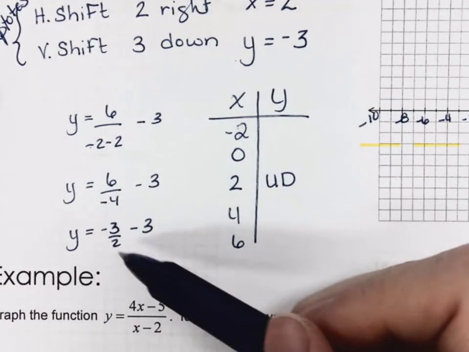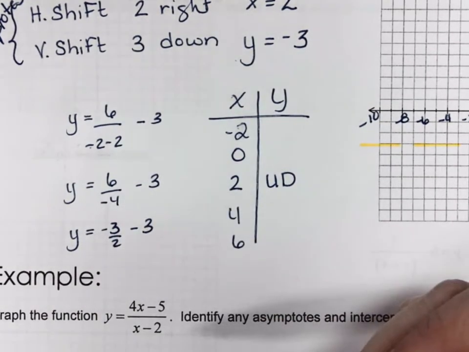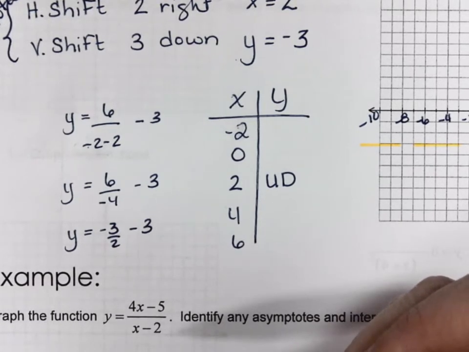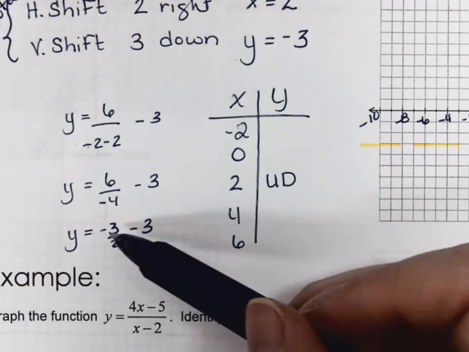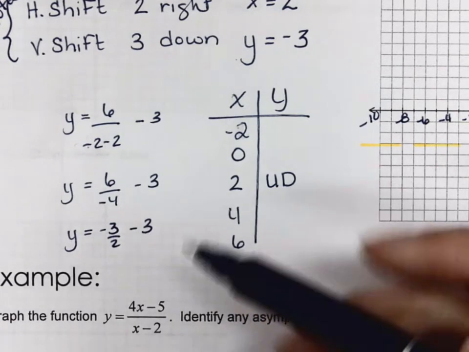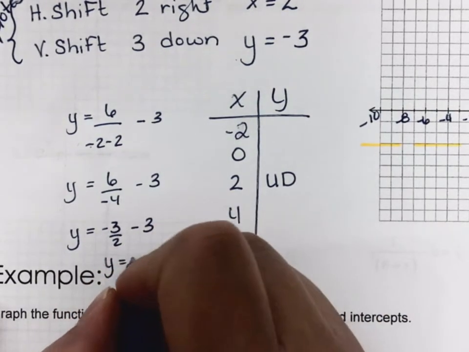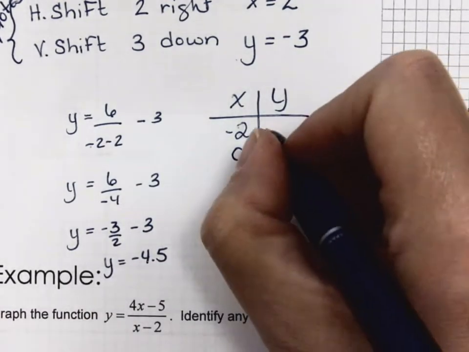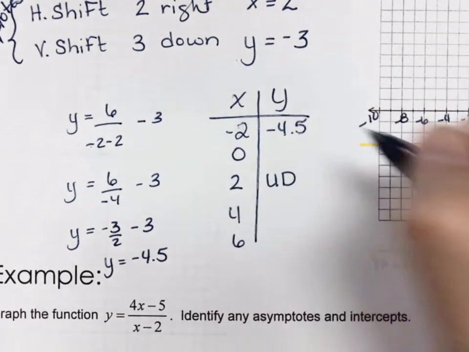So what's 3 over 2 as a decimal? 3 divided by 2 is 1.5. It's a negative 1.5 and you're minusing 3. So y equals negative 4.5, which is 9 over 2. Absolutely.